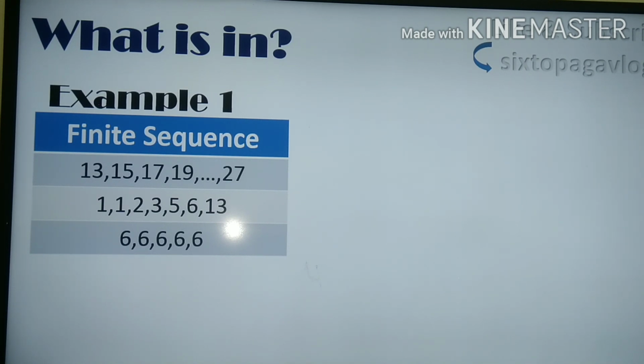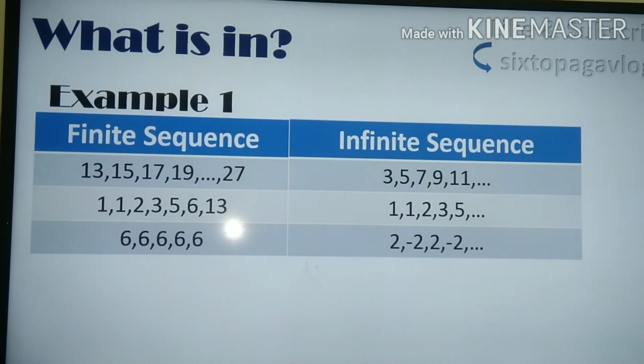Or if the 3 dots is at the middle, or in between of the first and the last elements, so that is considered as finite sequence. And for infinite sequence, you can easily recognize it by simply looking at the last terms.